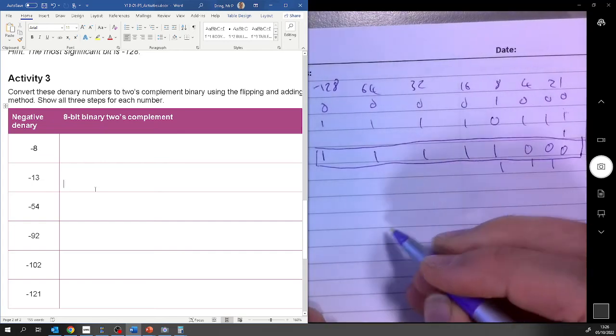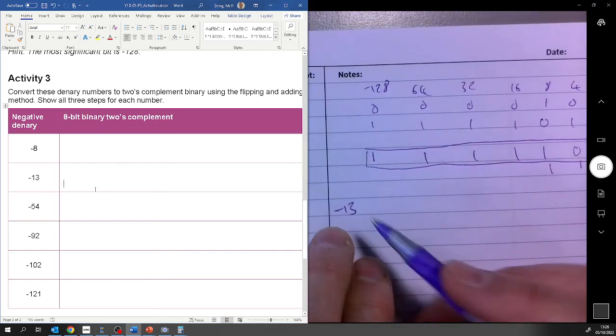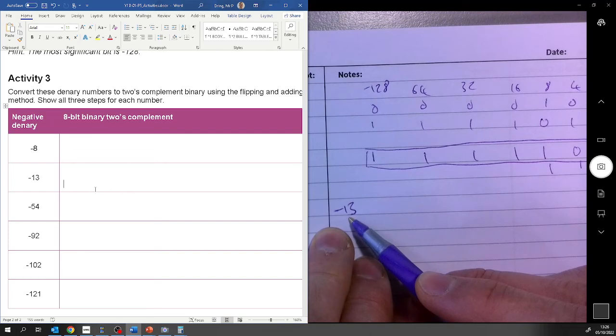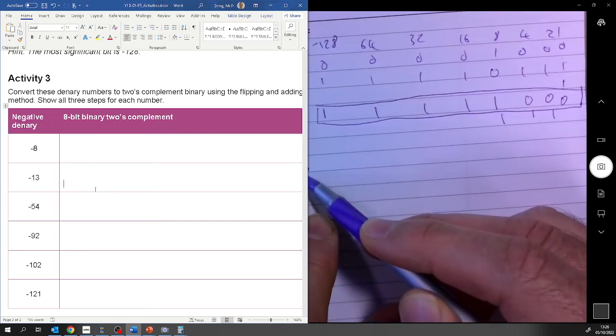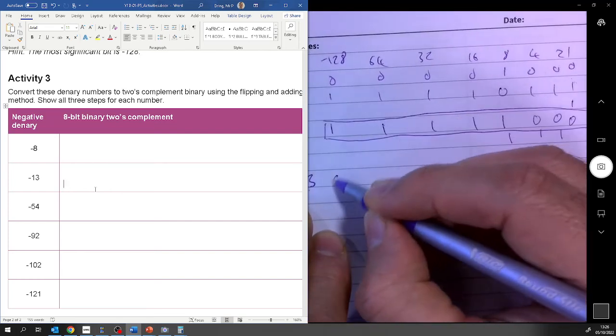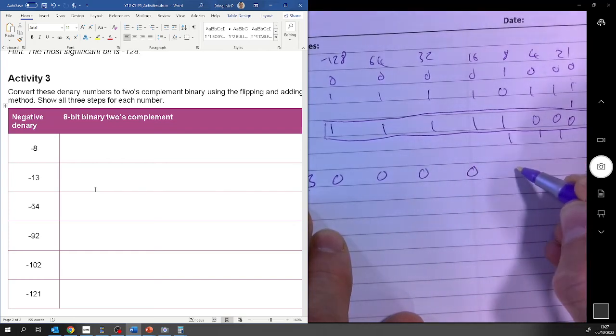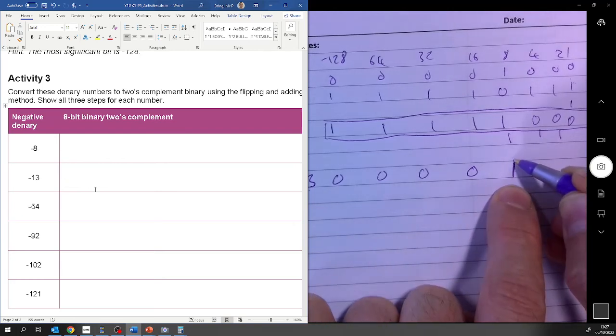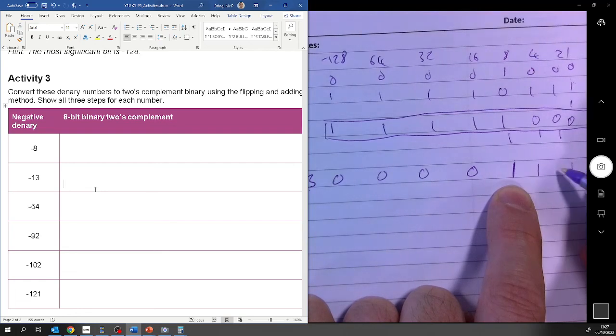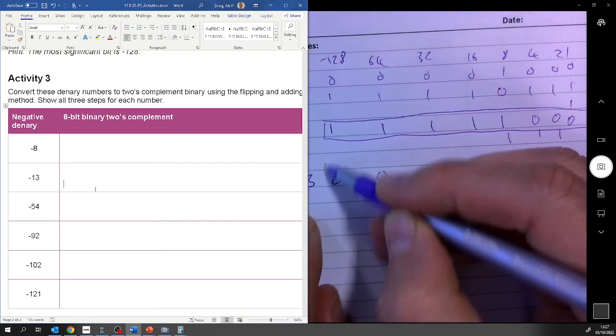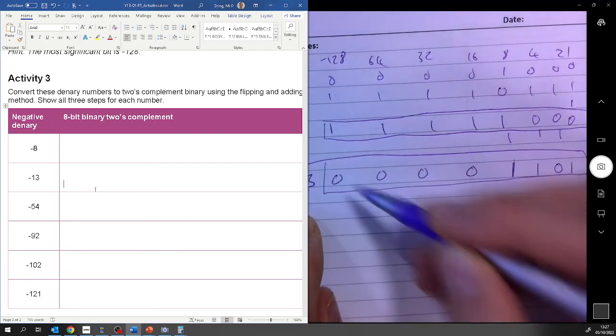Minus 13. We start with just pretending it's a normal 13. So how do we do normal 13? Well, let's see. All of these are too big until we get to 8, which we definitely need. How many more do we need from 8 to get to 13? We need 5. So that's our plus 13.